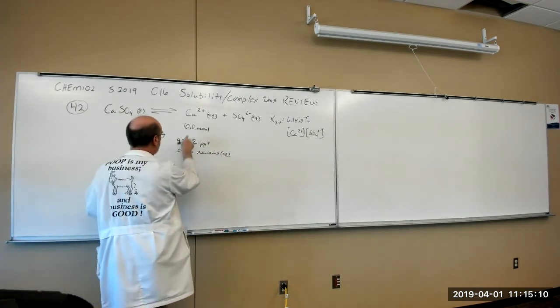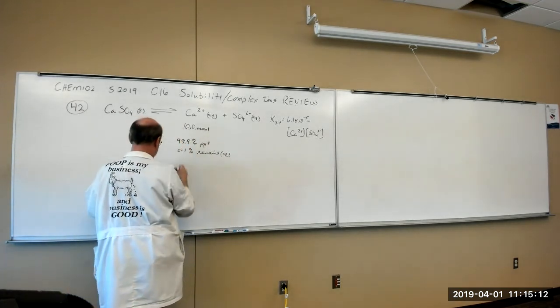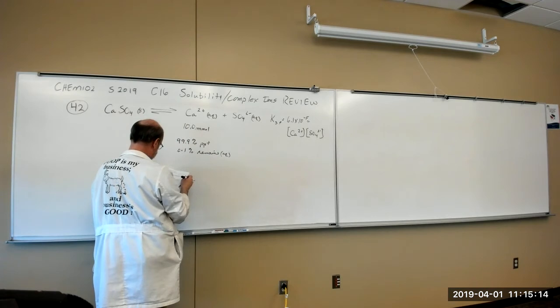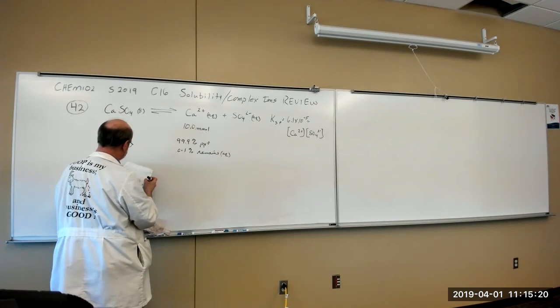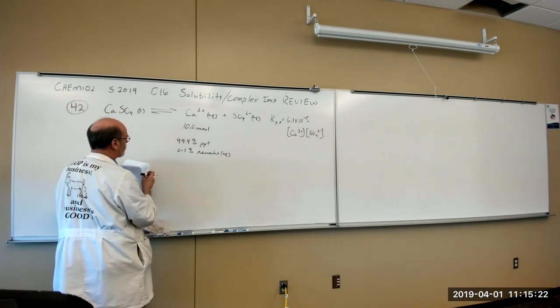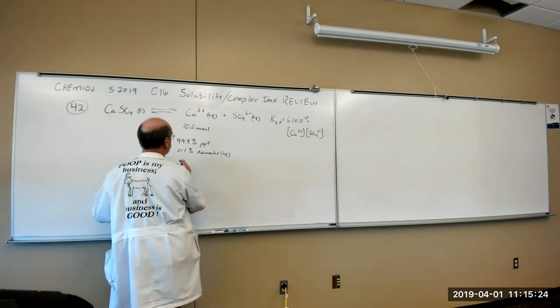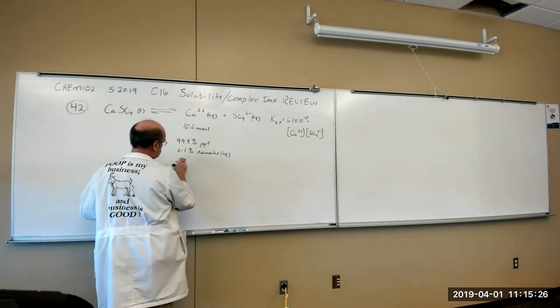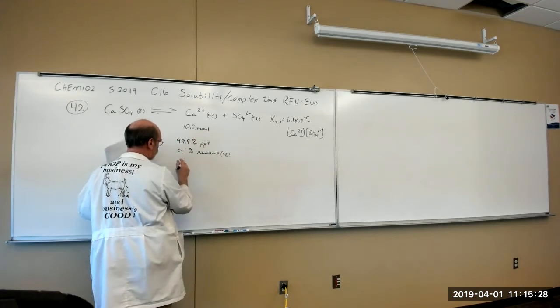Okay, so 0.1 times 10, if I did that right. Oh no, 99.9%. Yeah, that's right, 0.1%. So you don't multiply percent times that, you multiply the fractional.